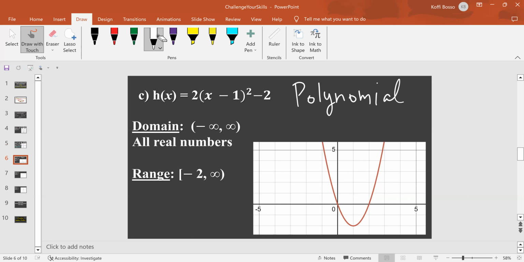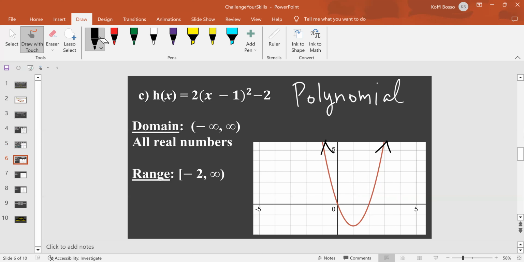So no problem. But the graph is what we are seeing here, a parabola. It's a graph where the top keeps going up, so there is no end. The domain is -infinity to infinity because we have all real numbers.